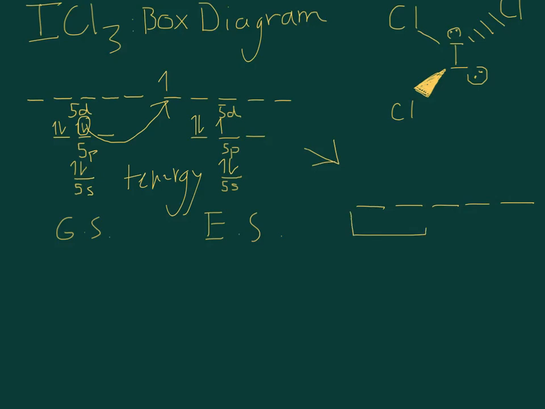We start by labeling our lone pair electrons from the iodine atom, and our sigma bonded electrons between the iodine and chlorine.